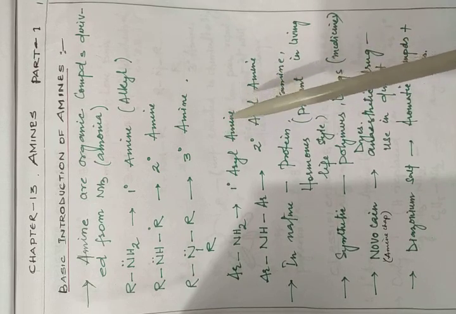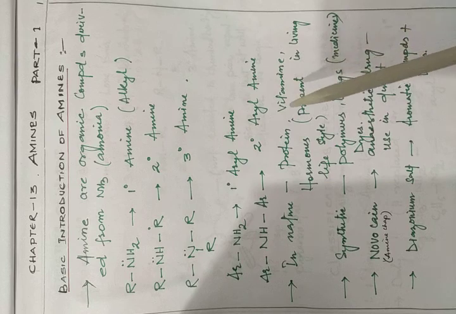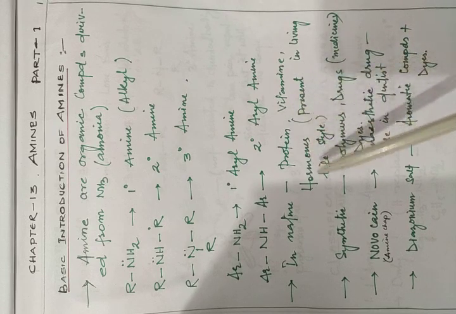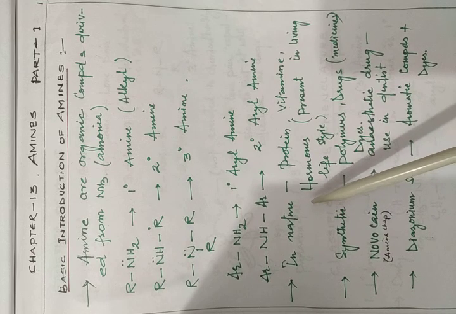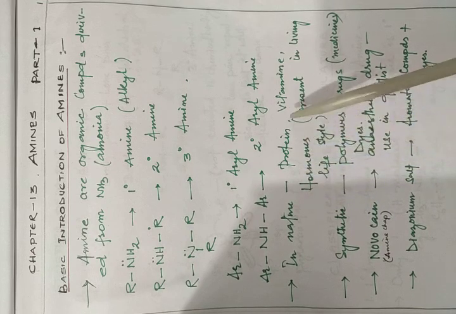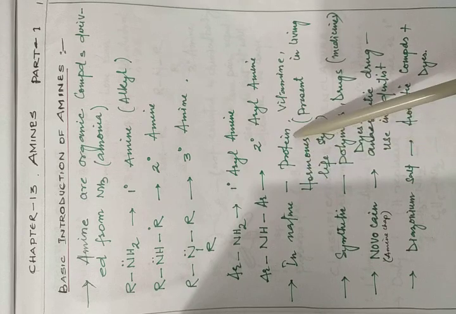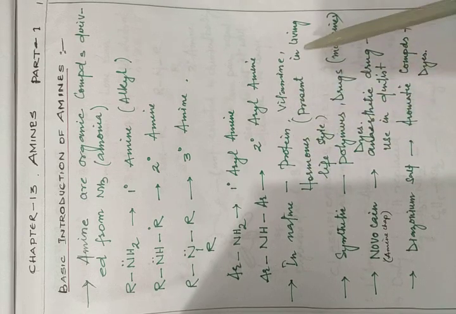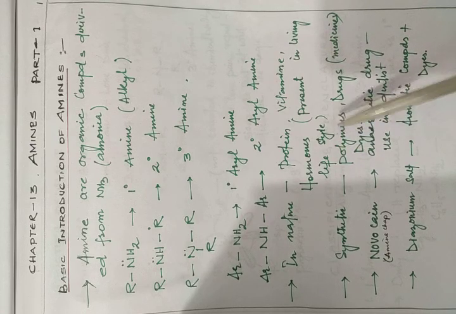Now this amine is very important, and it occurs in nature. The food that we take also contains amines, in the form of proteins, vitamins, hormones, like that. So it is present in living organisms.